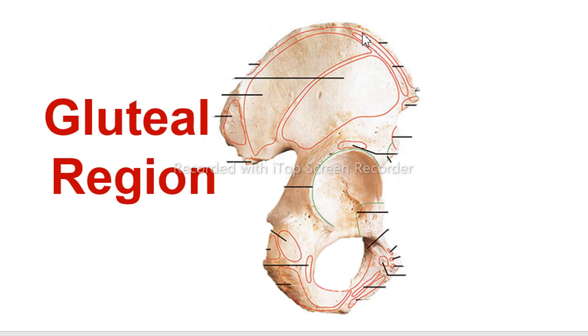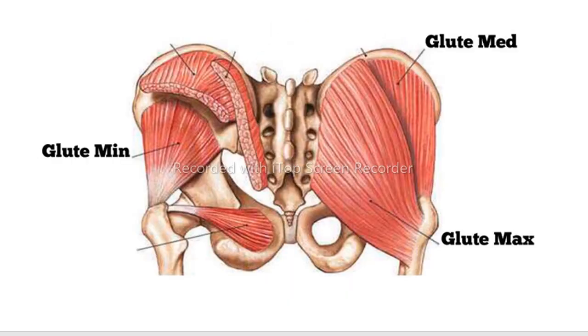And here there is the origin of the tensor fascia lata. So, posterior to anterior: gluteus maximus, gluteus medius, and gluteus minimus.